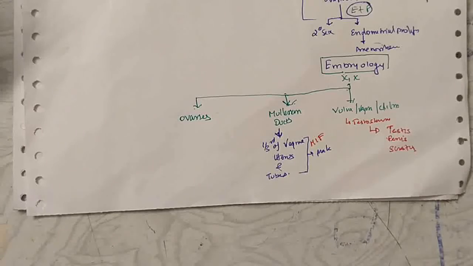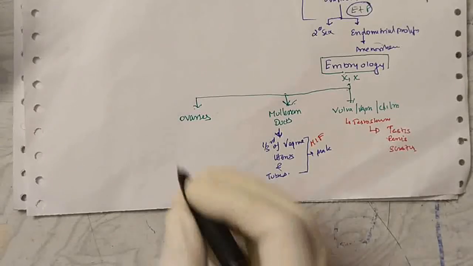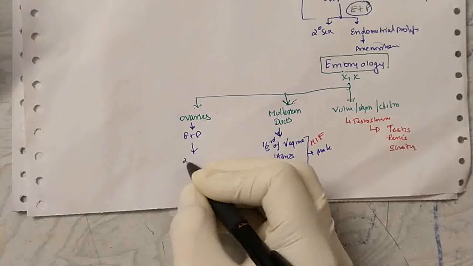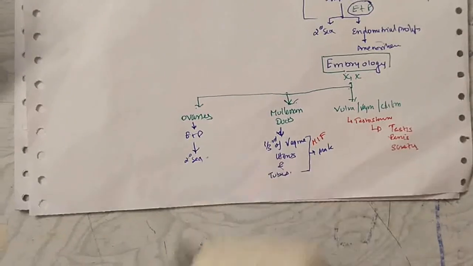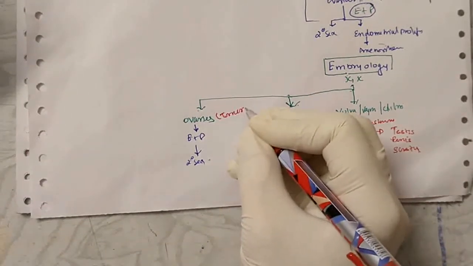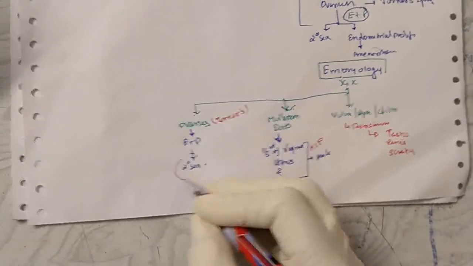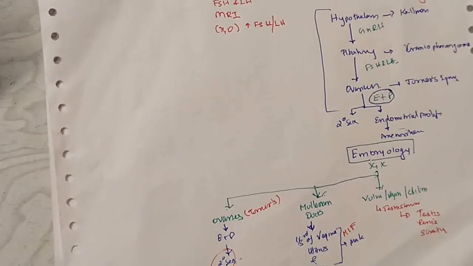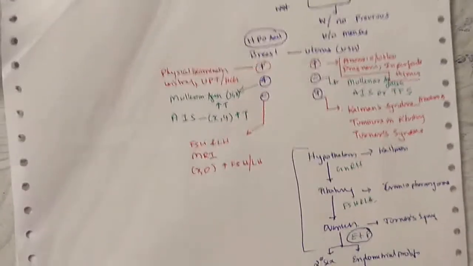And if the ovaries are present, it is normally estrogen and progesterone which are responsible for secondary sexual characteristics. But in Turner syndrome, ovaries are affected, so she won't have secondary sexual characteristics. This is normal embryology. Now we'll understand what Mullerian agenesis is, and its diagnosis and treatment.